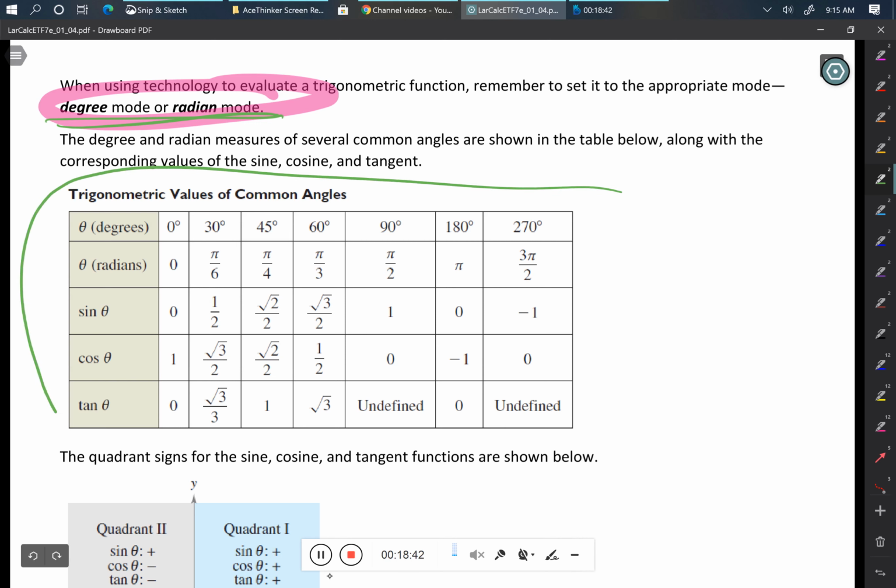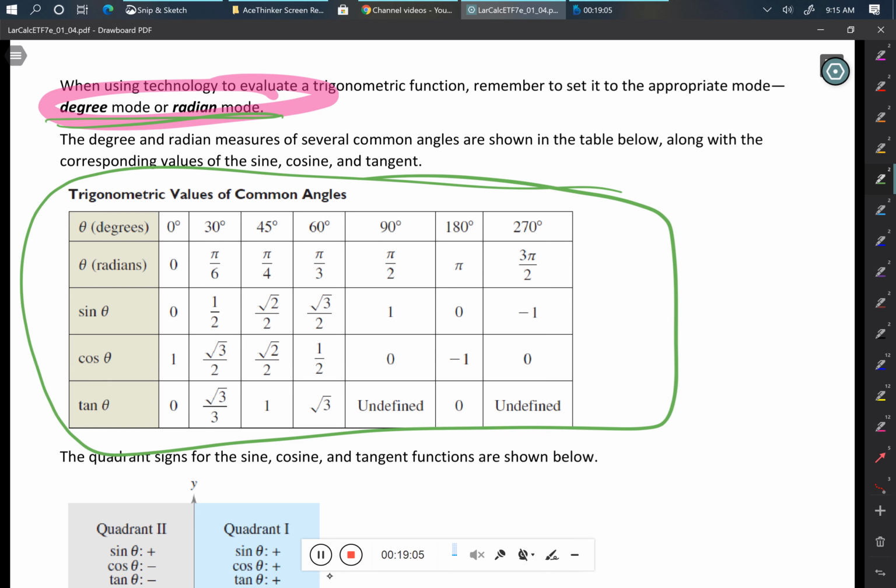Trigonometric angles, common values of trigonometric functions for common angles. Again, this should not be new. You should be looking at this going, yeah, I knew that, yeah, I knew that, yeah, I knew that. These are the big ones that, honestly, at this point, you probably have memorized. If you don't, it'll be something that you might want to think about, because we just use them so much.